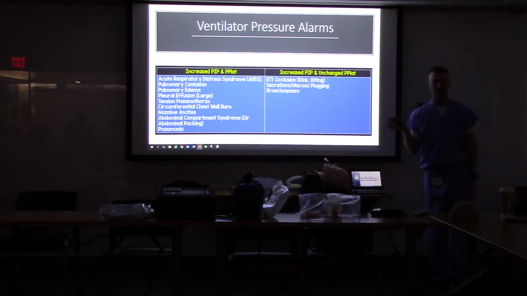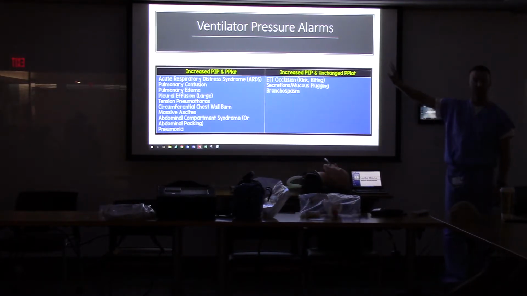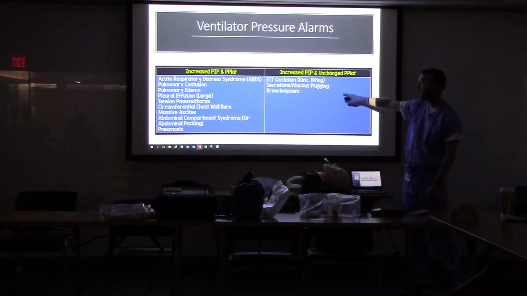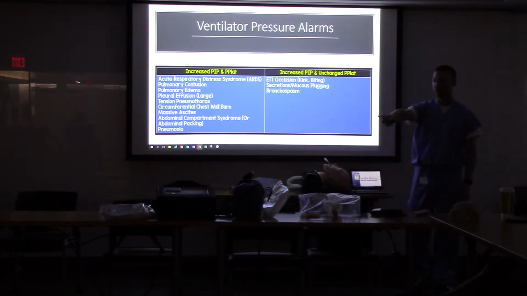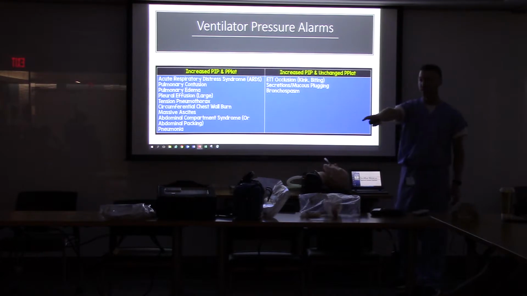Question on pressures. The pressure alarm on both ventilators will generally be for the peak pressure. So you can see that the patient will have increased peak pressures for both. Both columns will be increased, and the ventilators will say increase.